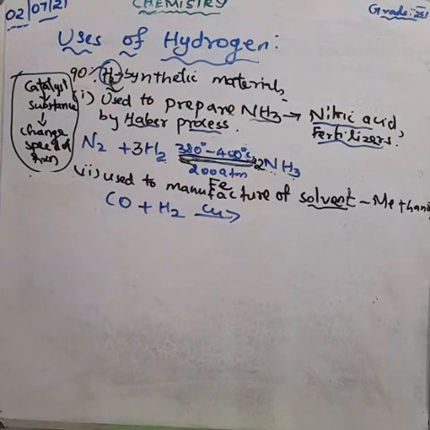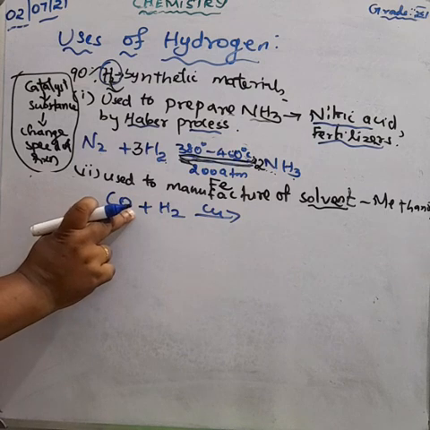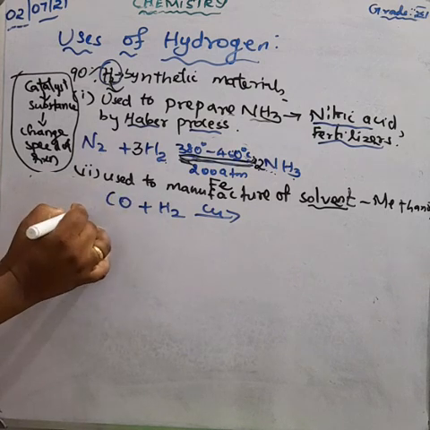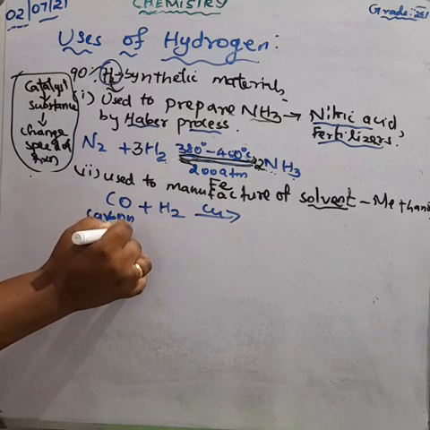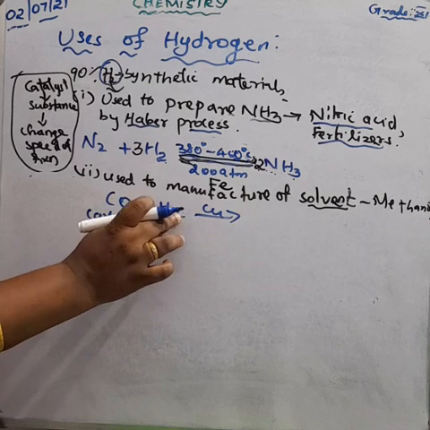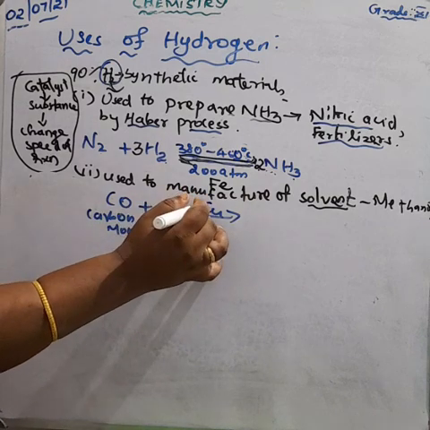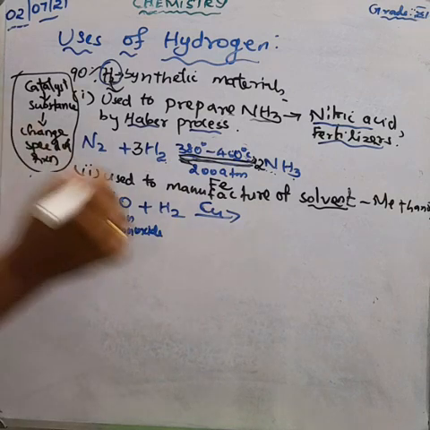So what is the formula for carbon monoxide? CO, carbon monoxide, plus hydrogen, H2. What is the catalyst we are using here? Copper, Cu. We get methanol.